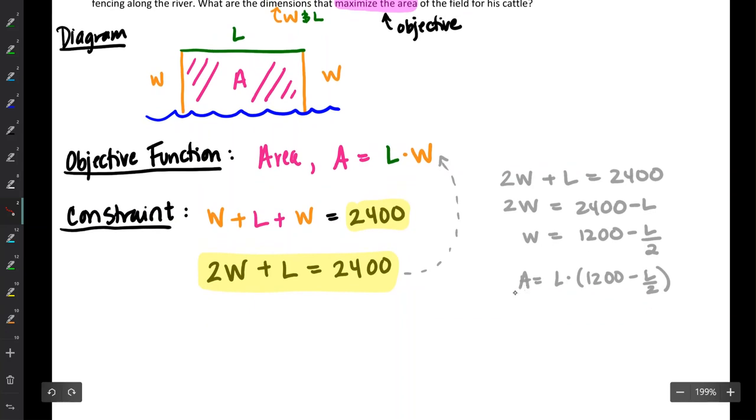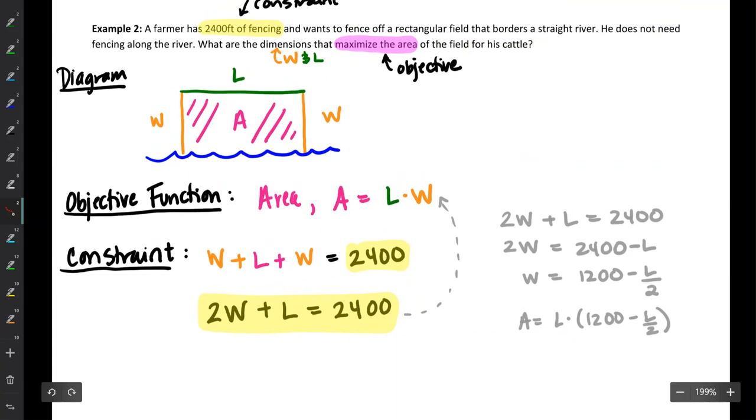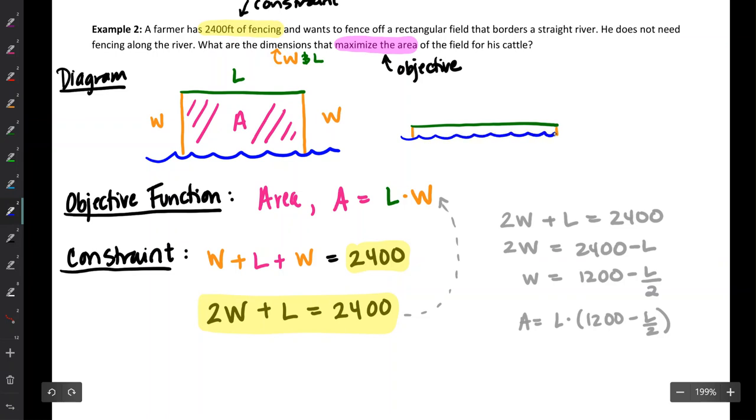Now, if I did work with this and I had area all in terms of L, the domain restriction for L, my L can't be all the fencing. I need some fencing for the width. There's all sorts of possibilities for these rectangles. Maybe the width is really tiny, and the length of the fence is really long.